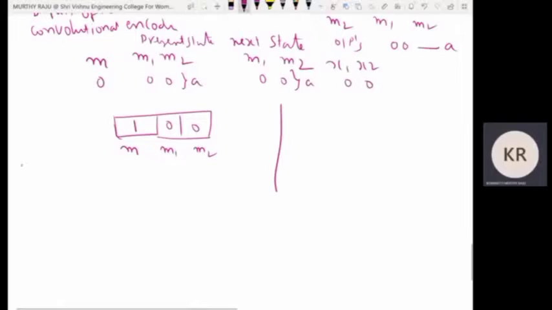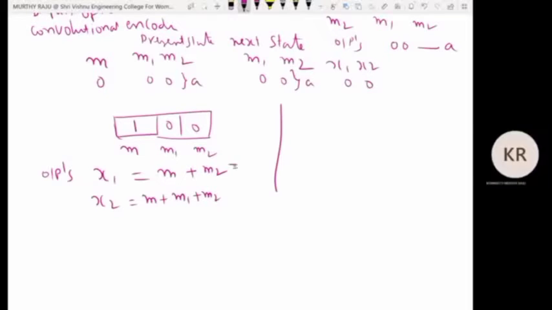Find out the outputs of the convolutional encoder. We know that X1 is equal to M exclusive OR with M2. X2 is equal to M exclusive OR with M1 exclusive OR with M2. M exclusive OR with M2 is 1 plus 0, equal to 1. For X2, 1 plus 0 plus 0 is 1.